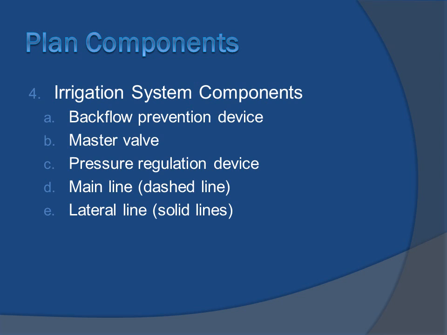So say it's 4 o'clock in the morning and you say valve number 1, come on, it's going to open up and release water to the lateral lines, which send water to the plants and the grass. I always say the main line's always hot, and the lateral lines are always cold. You gotta turn them on.